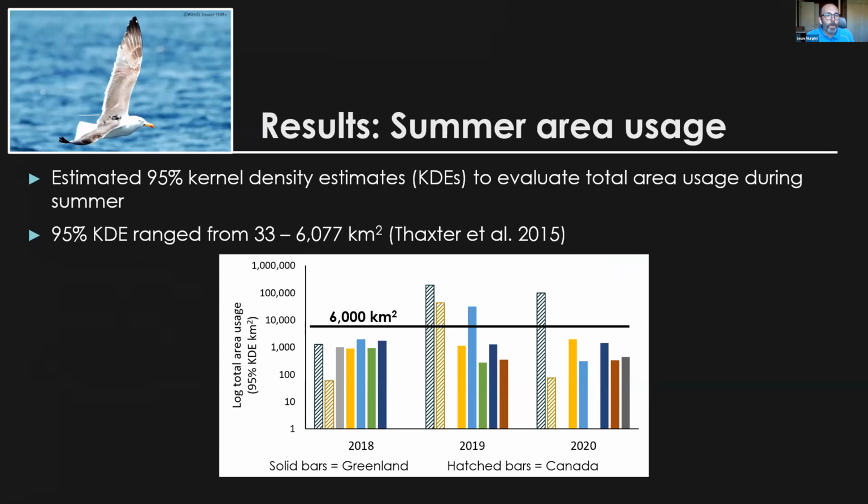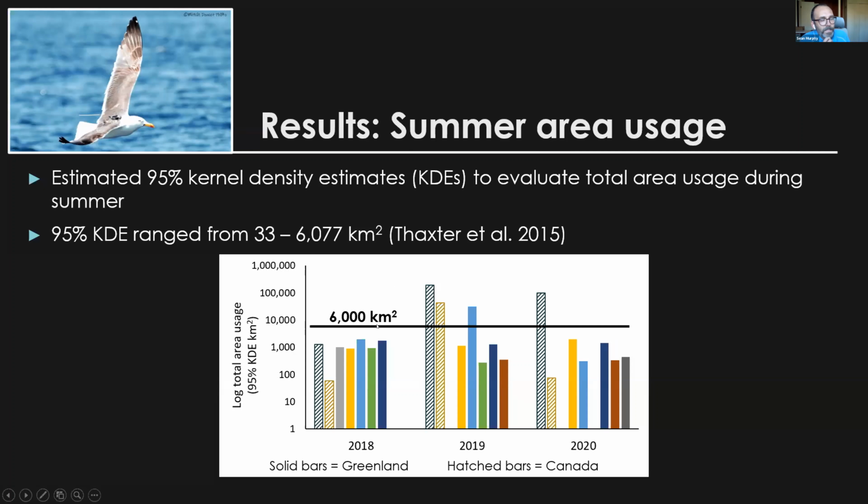Of those birds, you see on our x-axis are the 3 years, and this is a log value of total area usage, because as you'll see, sometimes when it seems like maybe it's a non-breeder or a failed nesting attempt or whatever it may be, we don't know, these birds like to move around. So you'll see that you have 95% kernel density estimates of upwards of 100,000 square kilometers for some of these birds. But in these hatched bars, these are the Canadian birds.